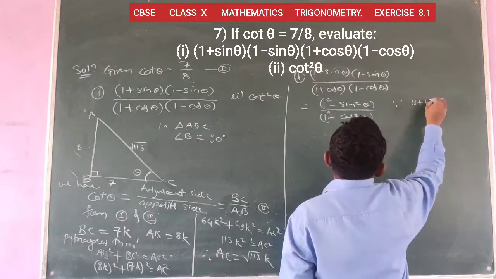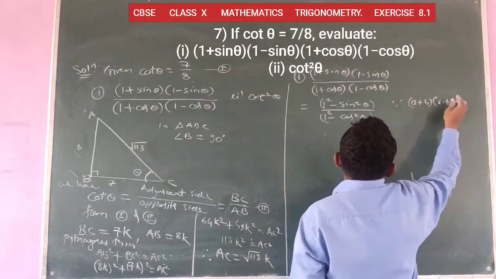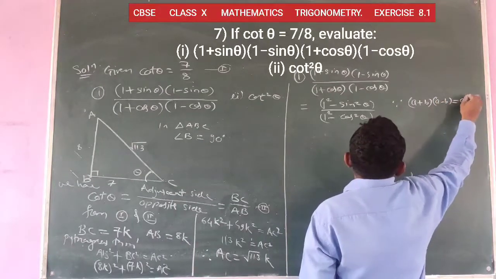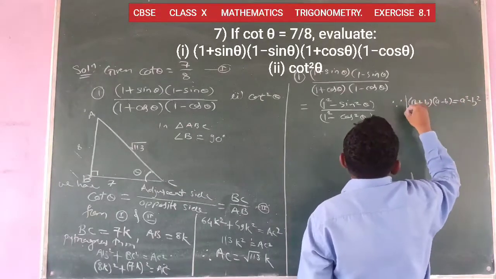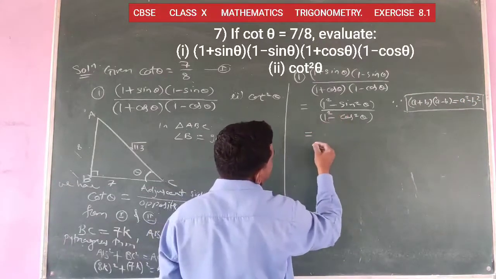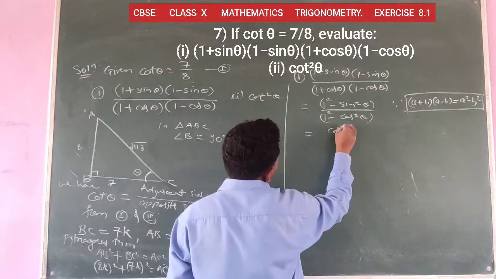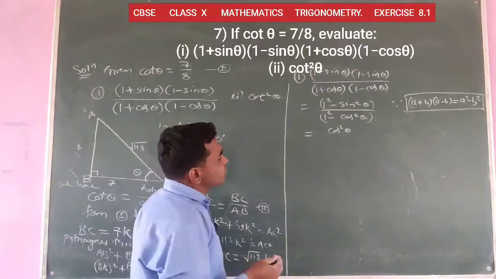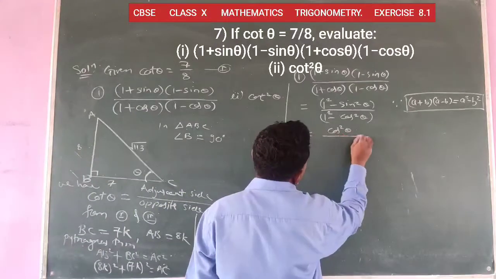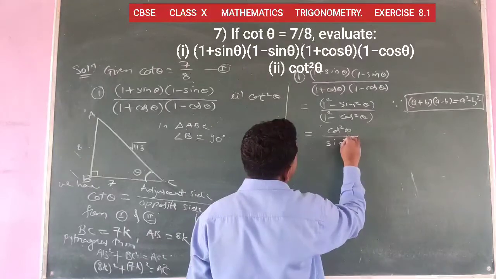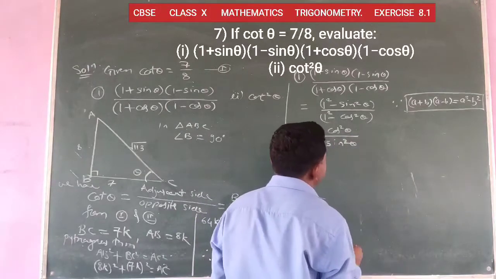A plus B into A minus B is equal to A square minus B square. This formula is used. In the next step, 1 minus sin square theta is equal to cos square theta, upon 1 minus cos square theta, which is equal to sin square theta.